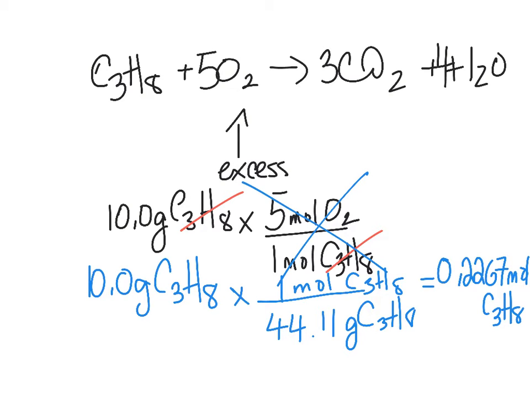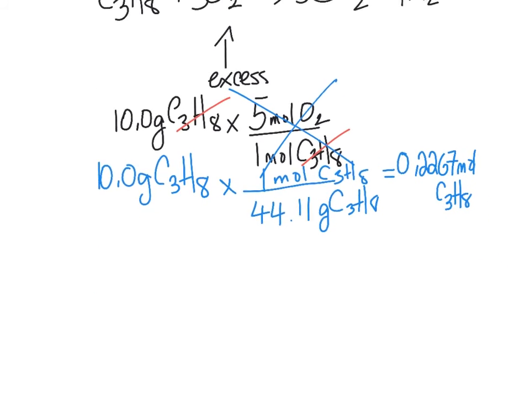So this is the number you're going to multiply by the mole ratio. So you take that number and you multiply. Now propane is your answer, so propane has to be on the bottom.